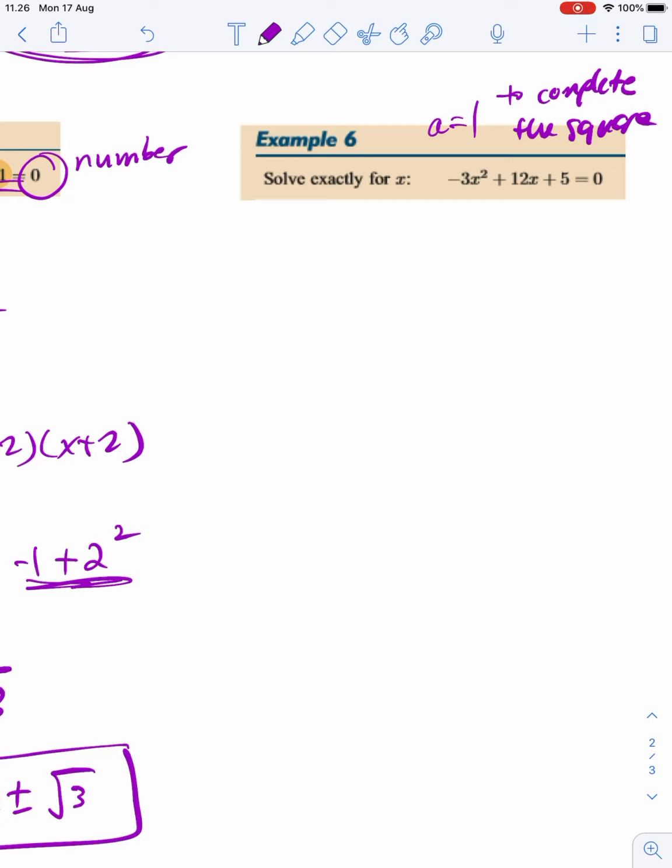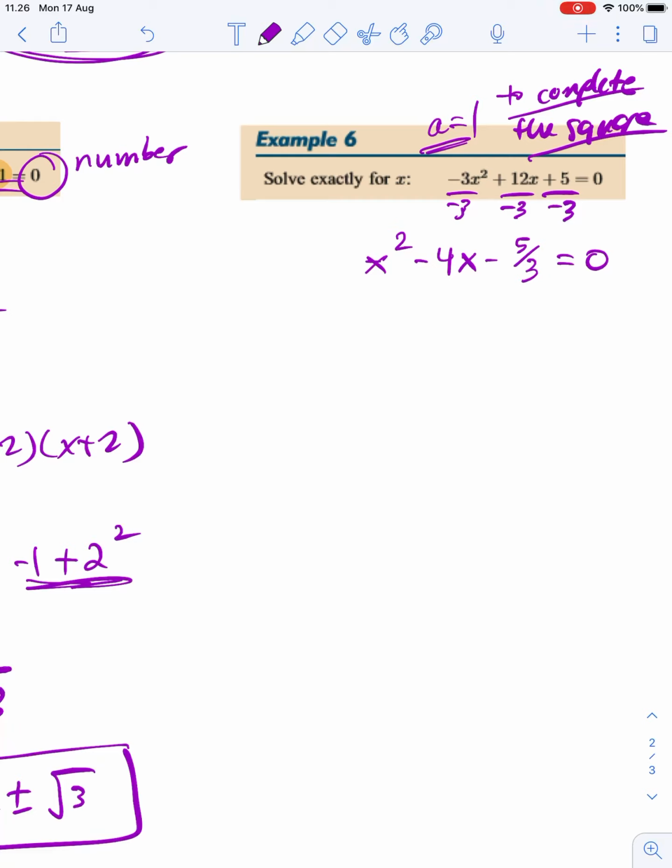It always has to be 1. So before you even try and complete the square here, you want to divide everything by negative 3. And so you get x squared minus 4x minus 5 over 3 is equal to 0.